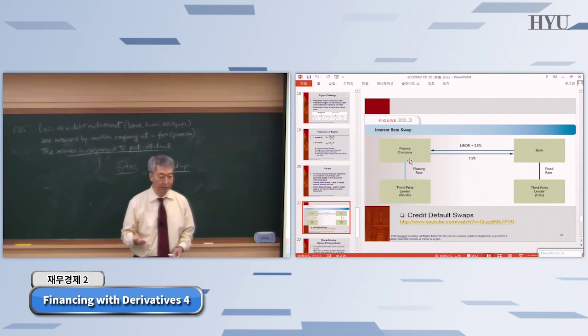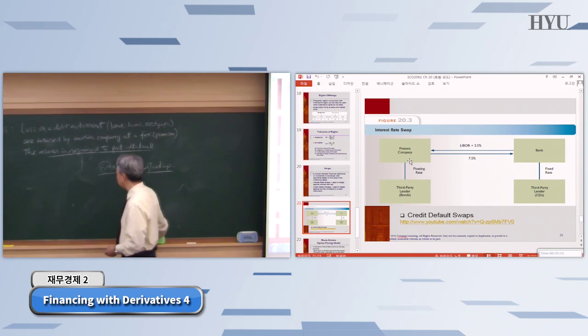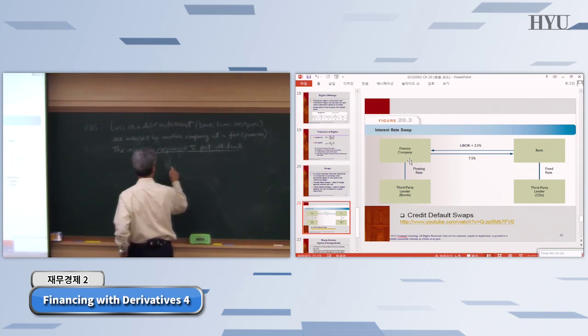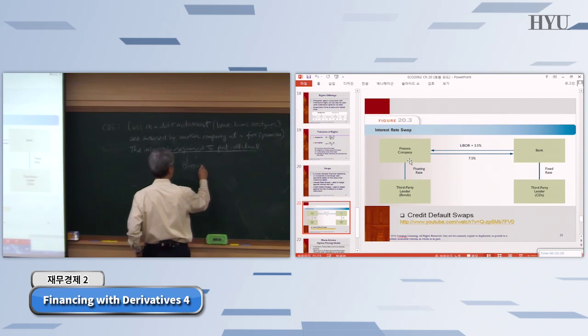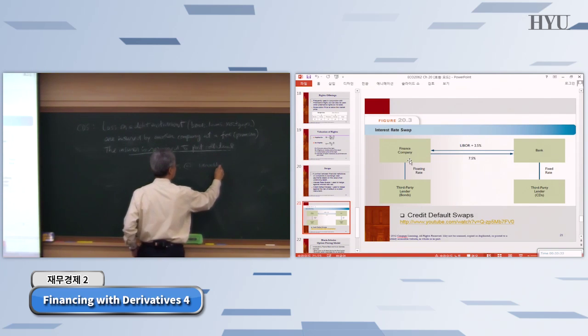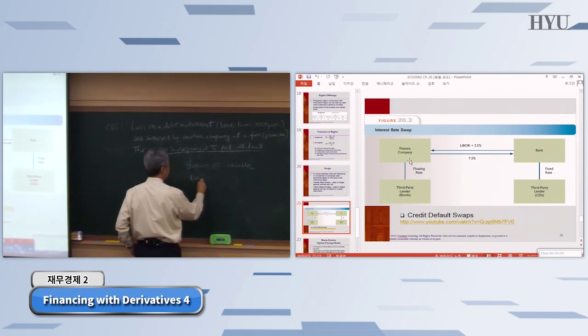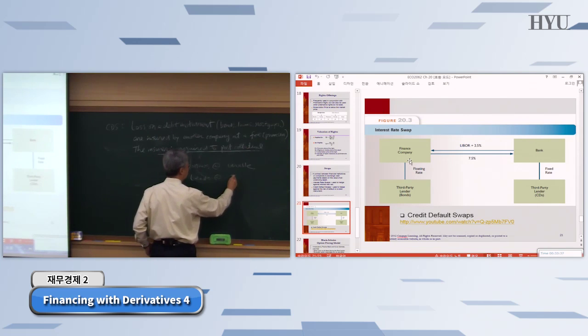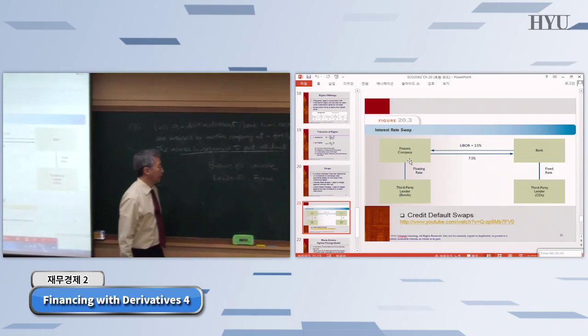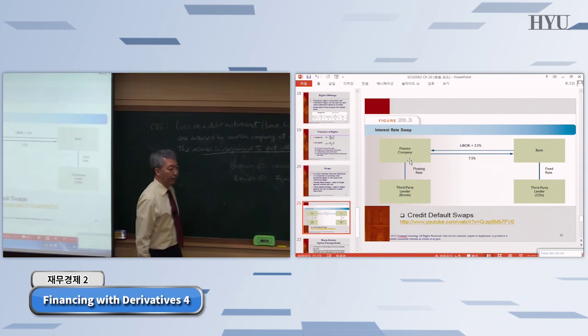Say 7.5%, annual interest rate. Okay? So this company borrows at variable, lends at fixed. Okay? Then we got a problem. There's a risk here. Okay?